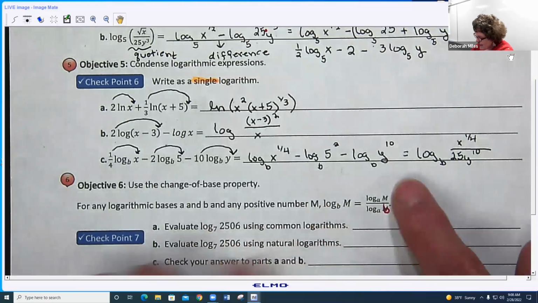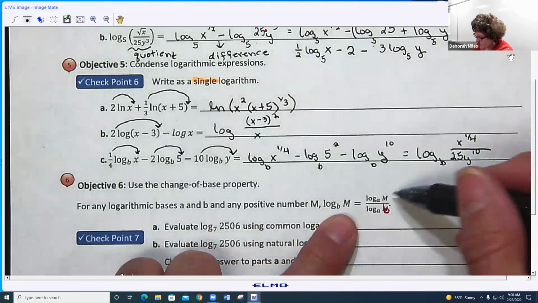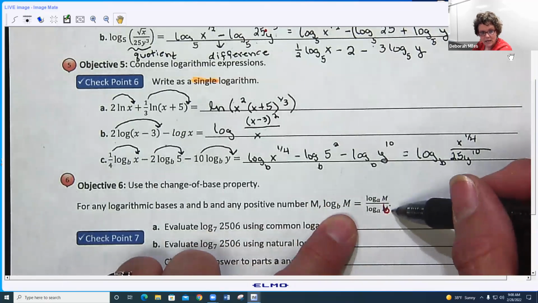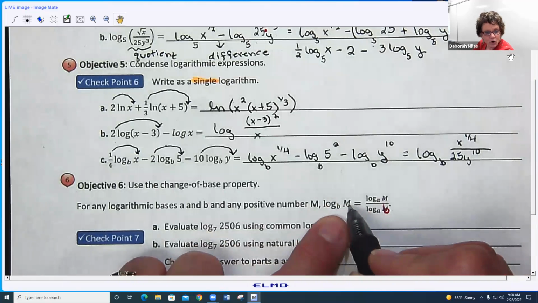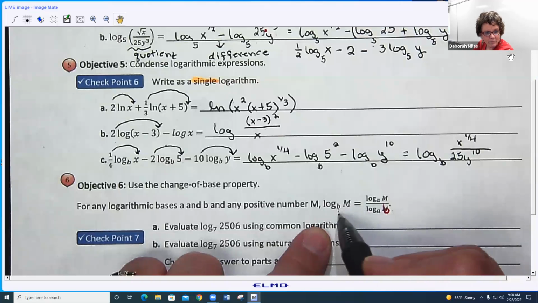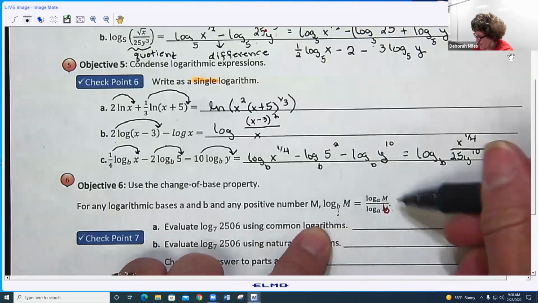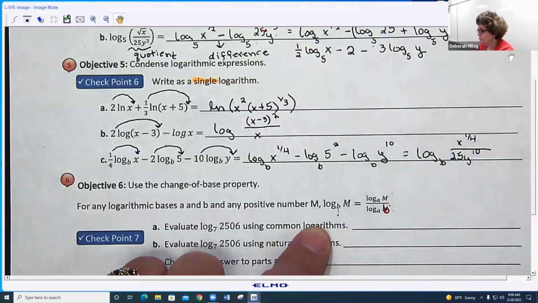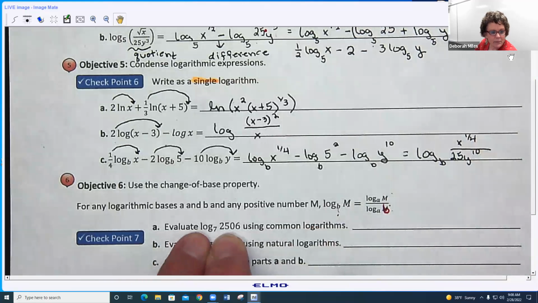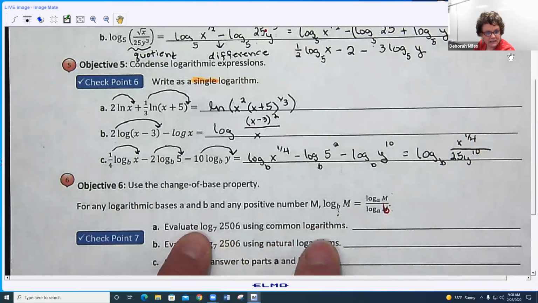All right. If you're having trouble remembering what goes in the numerator and what goes in the denominator when you use the change of base theorem, the M is over the B in logarithmic form. The M is over the B in the change of base property. So let's rewrite log base 7 of 2,506 as base 10.